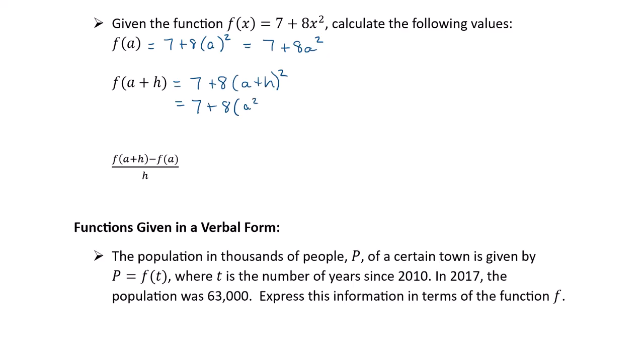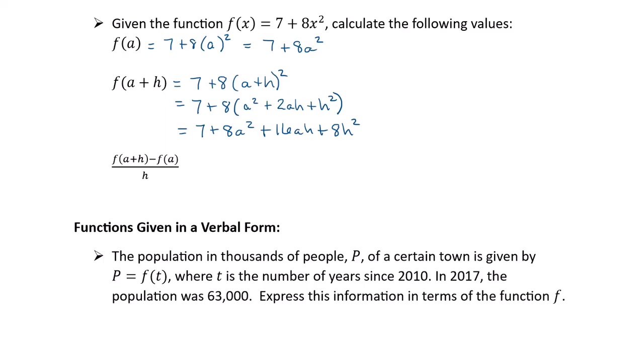This is a squared plus 2ah plus h squared. This is 7 plus 8a squared plus 16ah plus 8h squared. The next, we're being asked to find f of a plus h minus f of a all over h.